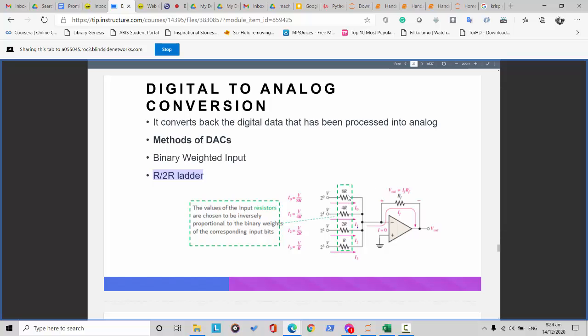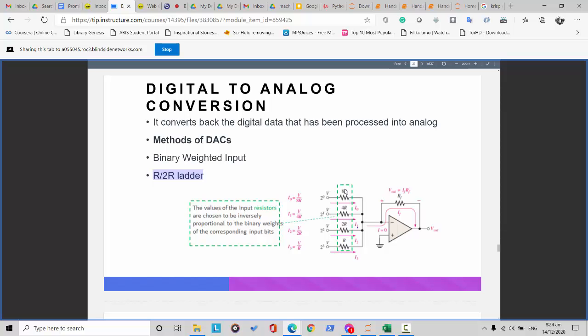The values of the input resistors that you can see are doubled. Here we have R, and this one is twice the R, and then this one is twice the second one, and this one is twice the third one.